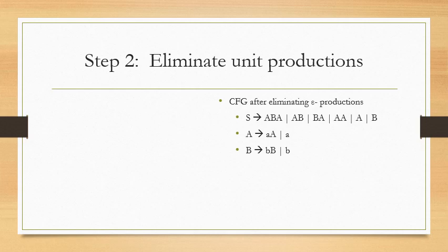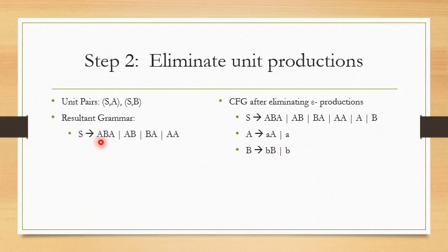The second step in the process of simplification of grammar is elimination of unit productions. So you have to identify the unit pairs. Here S, A is a unit pair, and also S, B is a unit pair. So instead of A, I have to substitute all the productions of A, and instead of B, all the productions of B. So the S production will change to ABA or AB or BA or AA.